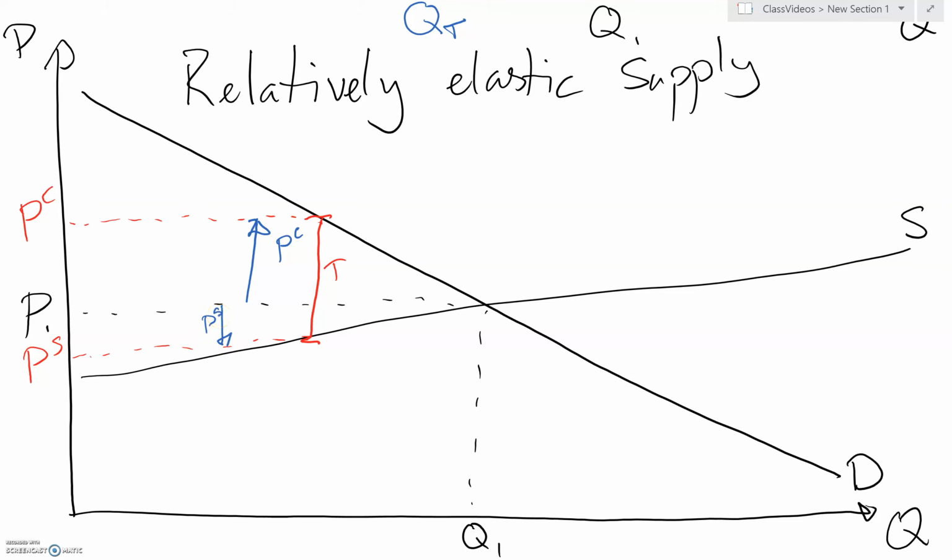The price they receive goes down by a bit, but not down by as much as the price consumers pay has gone up. So in this situation with relatively elastic supply, we have that consumers pay most of the tax.